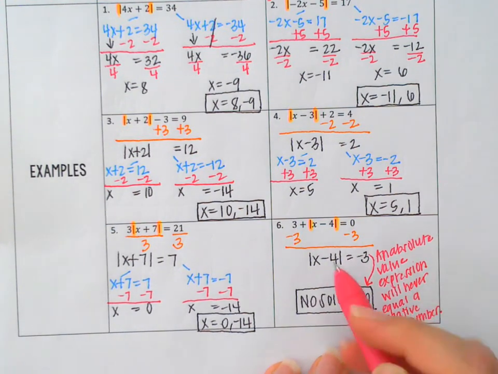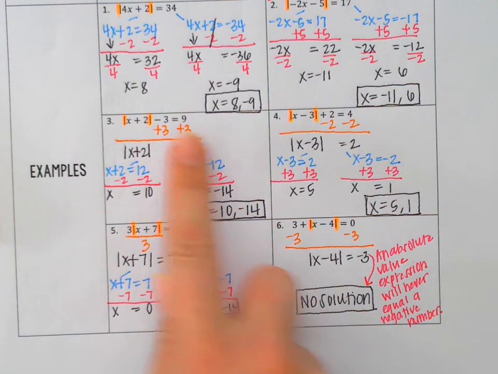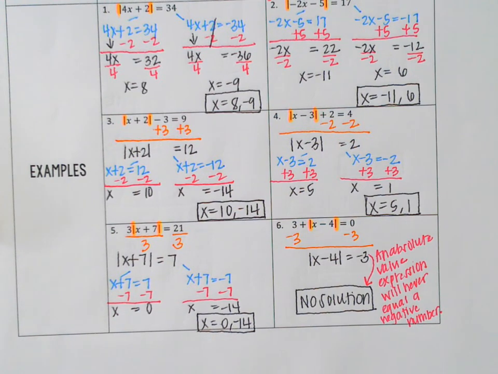There is no possible value I can plug in to x that will get something that's negative. So always check those. Always make sure that your absolute value expression equals a positive number before you split it.